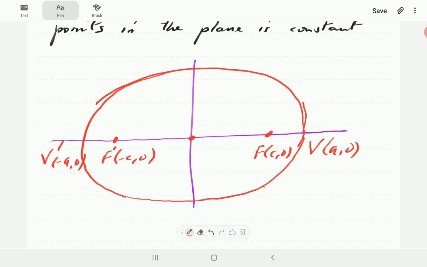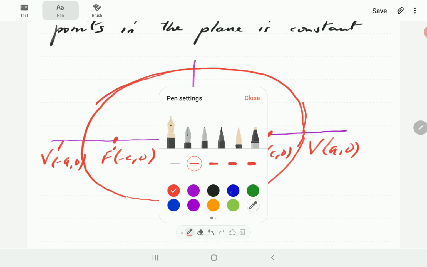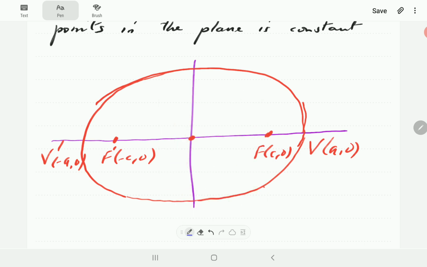The axis along that cuts the two vertices is called the major axis. So here, for instance, this here is the major axis.